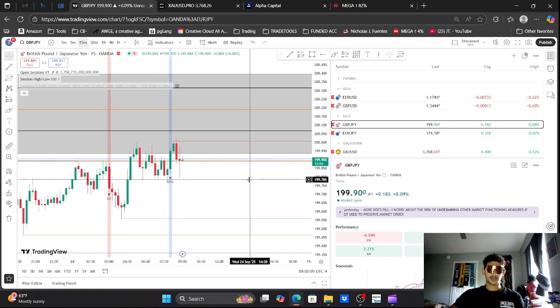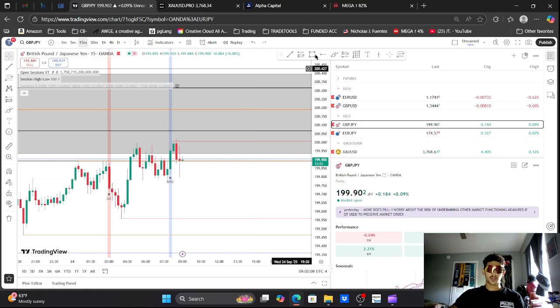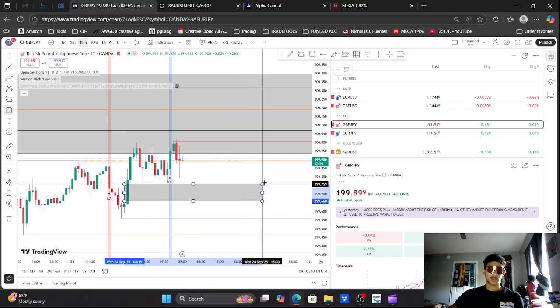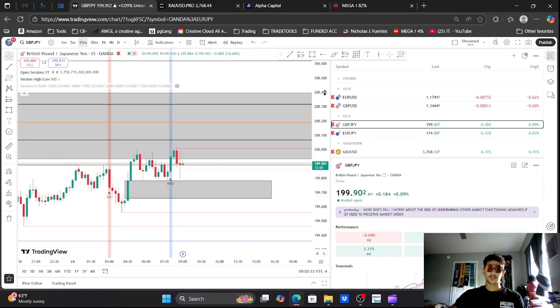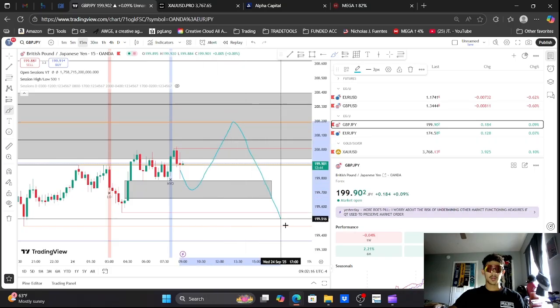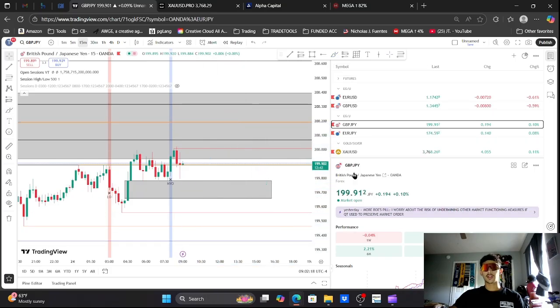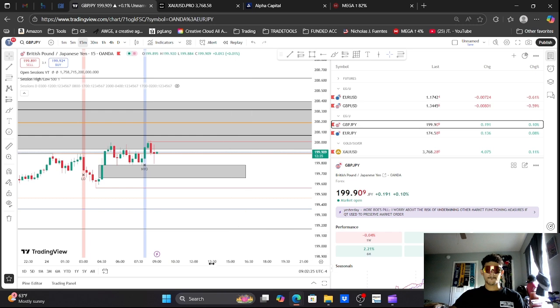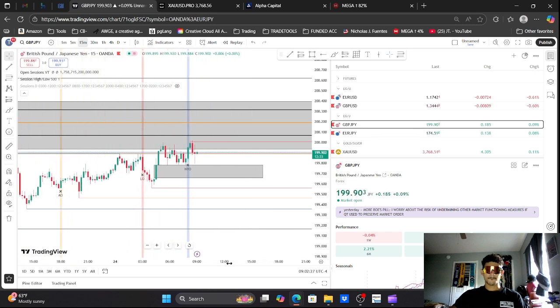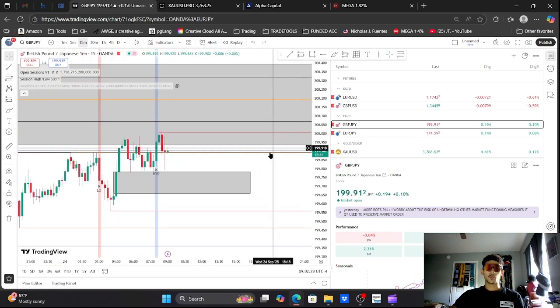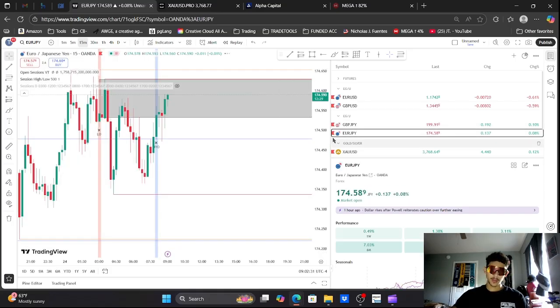We can maybe get a sweep of this liquidity, retracement into this 15-minute imbalance. We can move price down into this area, back up, and shoot for the downside. We'll have to wait. We'll have to be very, very patient.